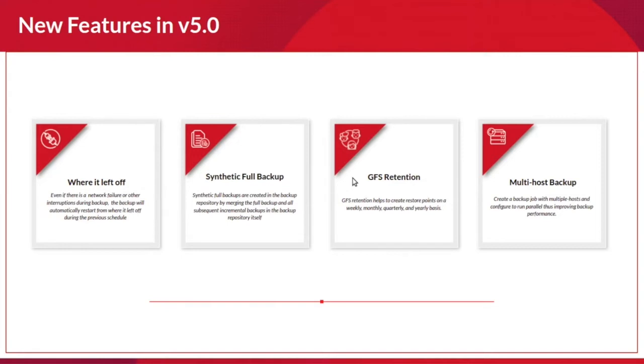And the next is the multi-host backup. This is one of my favorite features in version 5.0. This feature allows you to add multiple hosts to the backup server, and you can create a backup job by selecting entities from different hosts.